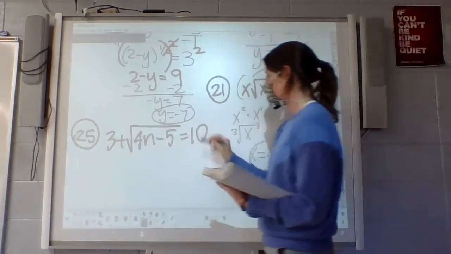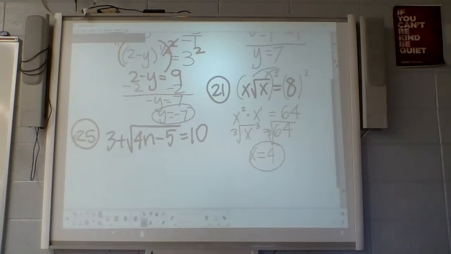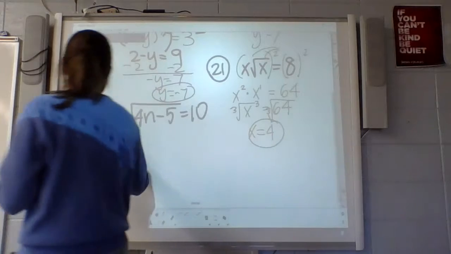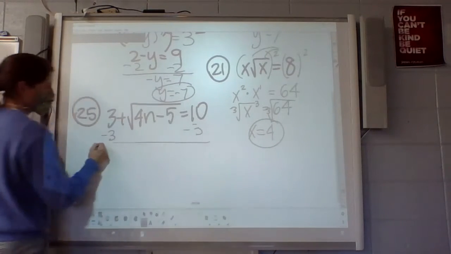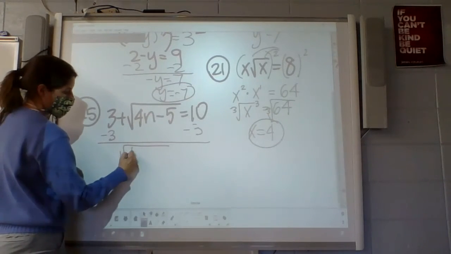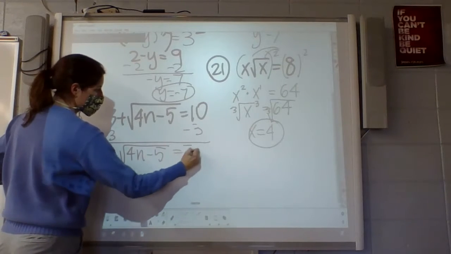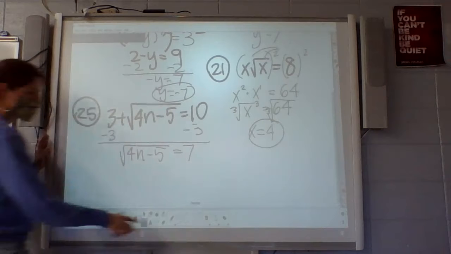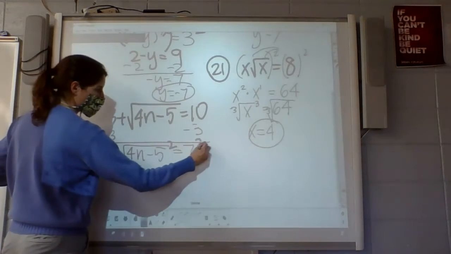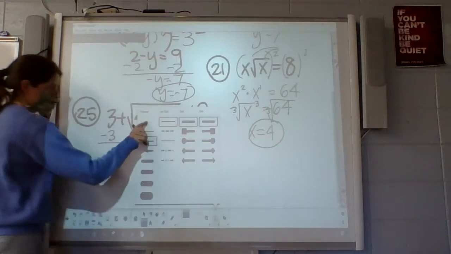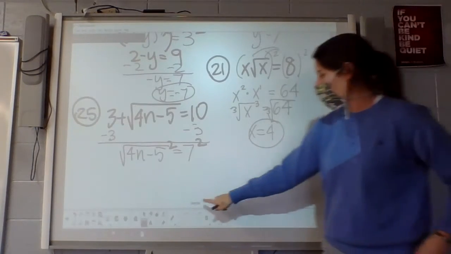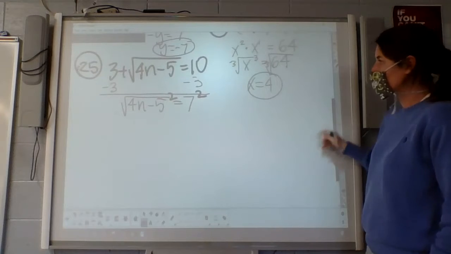Okay. So number 25, again we have to isolate the radical. So I have to move that 3 over first. And when I square the left side, the square root drops off.